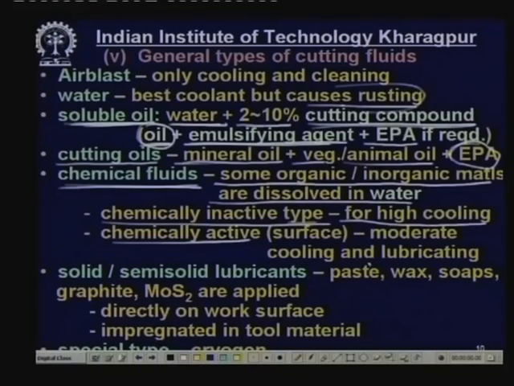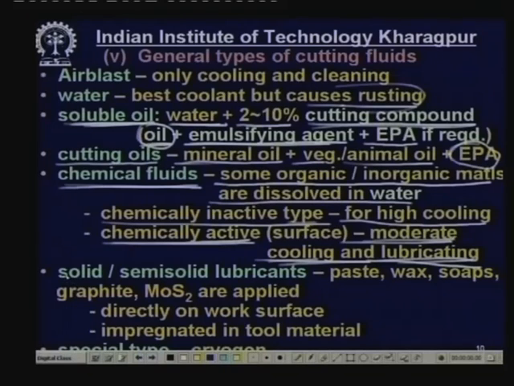But if we want lubrication also along with cooling, then chemically active type chemical fluid is preferred, and these fluids are suitable for aluminium and copper, and this moderate one for cutting copper at heavy cuts, because this gives moderate cooling effect and lubricating effect.